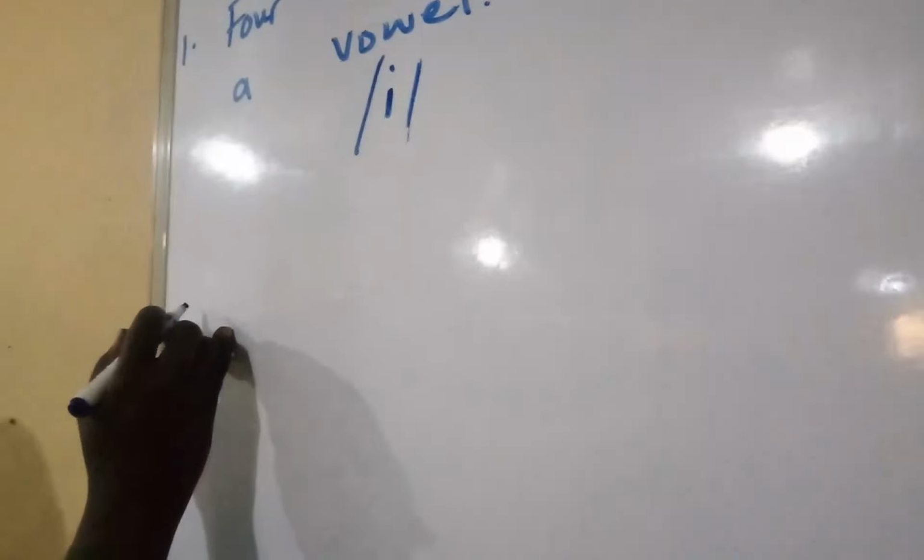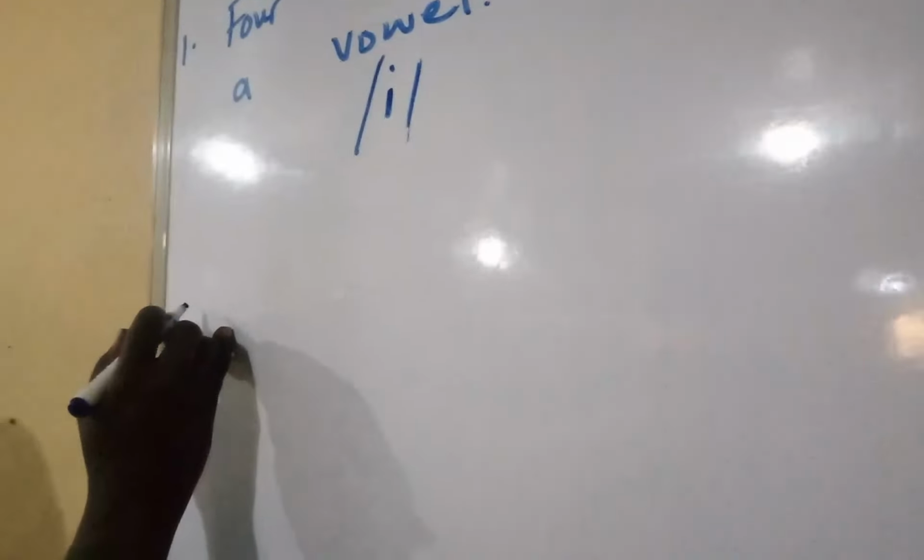Then after this you have fee. From fee, when you add this, gives you feel. Then you add a consonant M, gives you film. Okay, good.